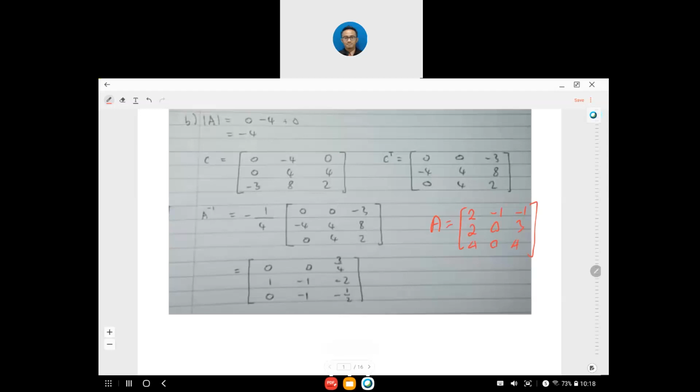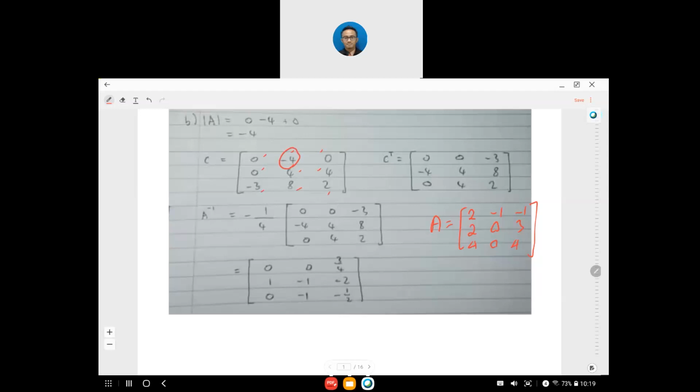This one also is the same thing. You must show how you get these values: 0, 0, negative 4, 0, 4, 4, negative 3, 8, 2. You cannot put your answer directly here. This negative 4, we can check whether it is correct or not.